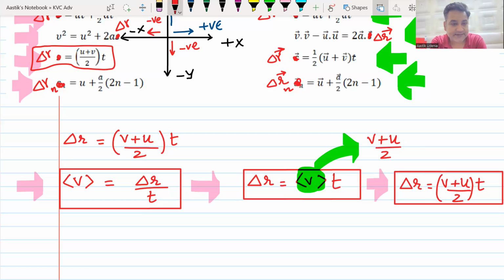Do we understand this? Yes or no? The equations of motion in case of uniform acceleration. Can I now give you some questions on this? Yes or no? Are we ready for questions?